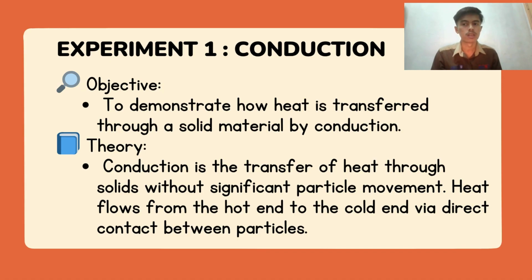By using a metal ruler, wax, and small nails, we will observe how heat moves from one end of the ruler to the other, causing the nails to fall off one by one. This helps us understand how heat transfers directly through contact between the particles in a solid.